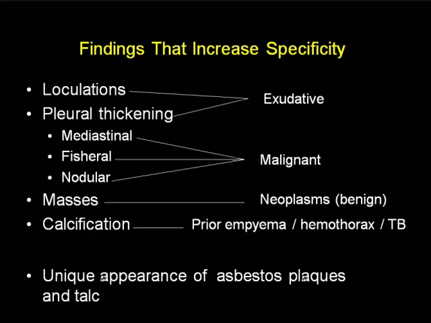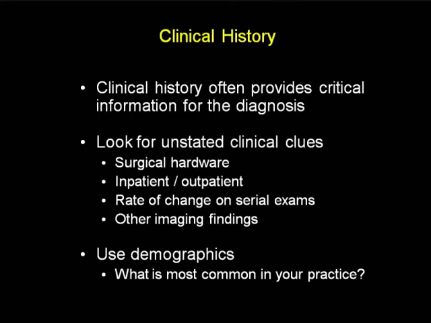Most pleural masses are smooth and are benign tumors, typically solitary fibrous tumor of the pleura and lipoma. Less common causes are malignant causes, but very, very rare. Diffuse pleural calcification is in most cases due to prior empyema, prior hemothorax, or prior tuberculosis. And asbestos plaques and talc have unique appearances which are diagnostic based on imaging appearance.